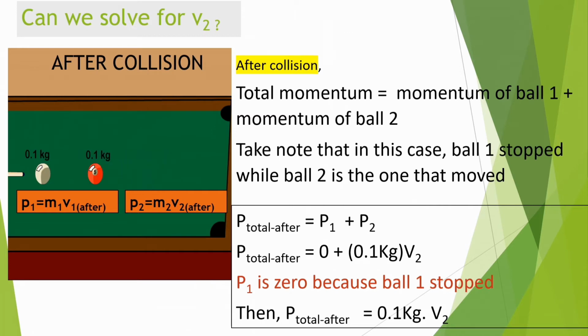The momentum after collision is equal to 0 plus 0.1 kilogram multiplied by the v sub 2. Momentum 1 here is 0 because, as we said a while ago, ball 1 stopped. Then, the total momentum after is now equal to 0.1 kilogram multiplied by the v sub 2.